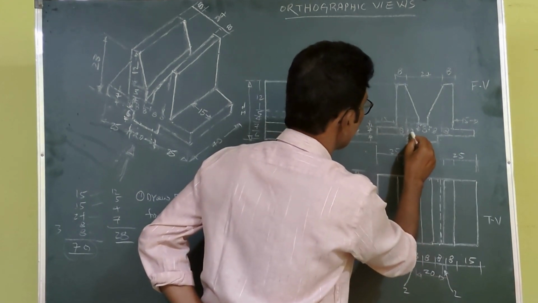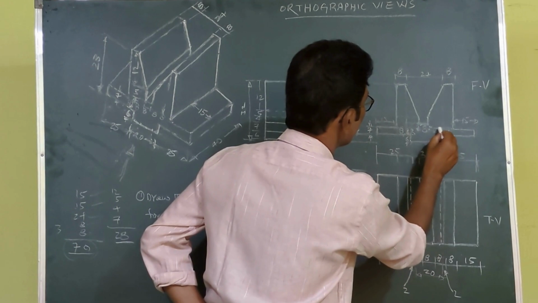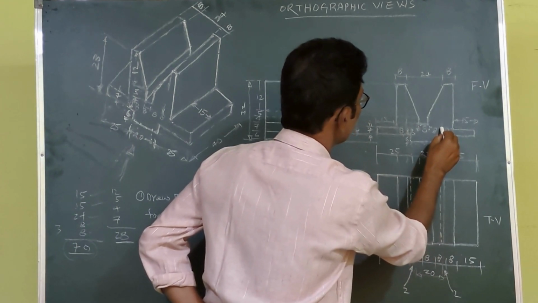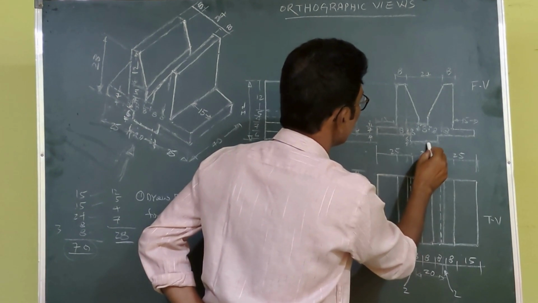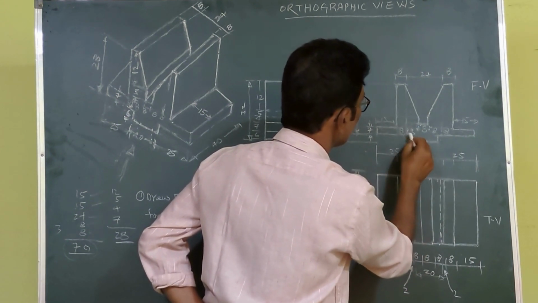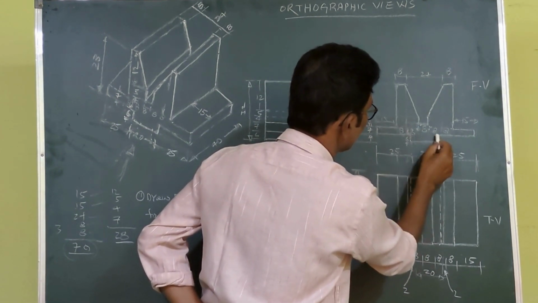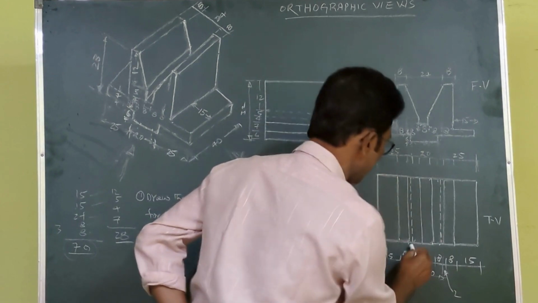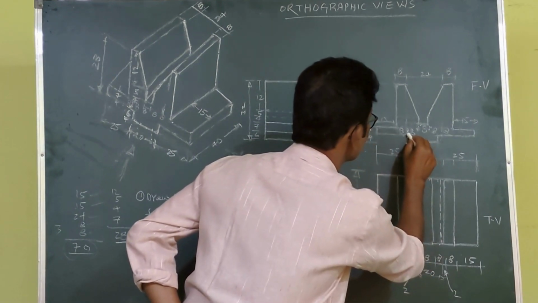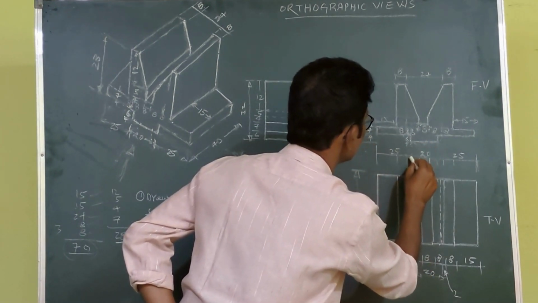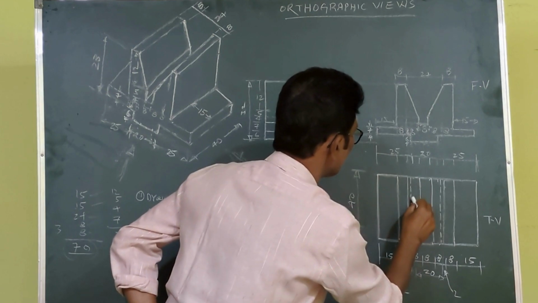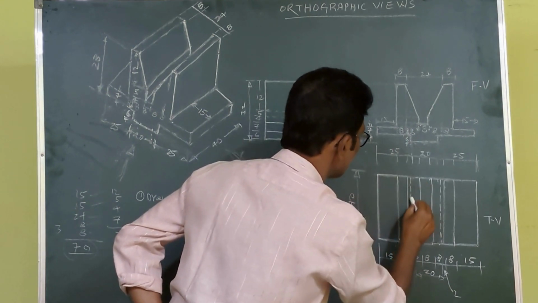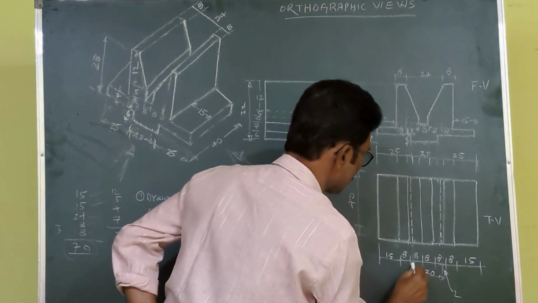You see here, from here to here 24, this is the 20. You deduct 20 from 24, 4 is left, and that 4 is equally shared on either side, this is the 2, this is the 2, like that I distributed it here. So this projection is 2, from here to here 2, so that is the dotted line. This is the 2 I have shown here.